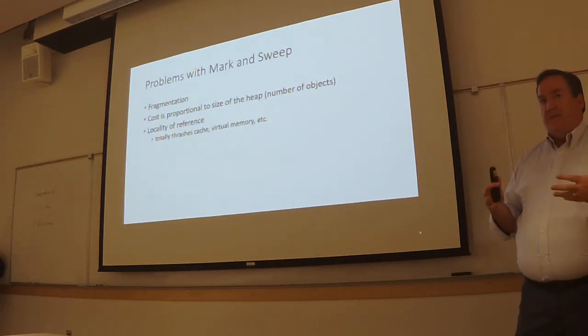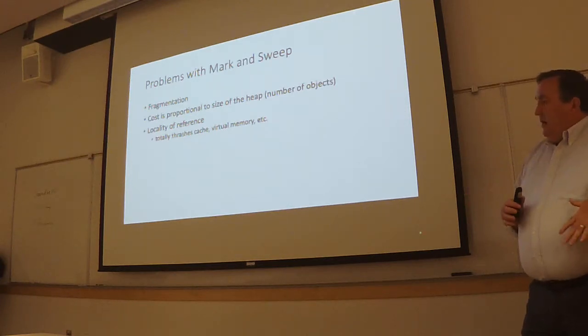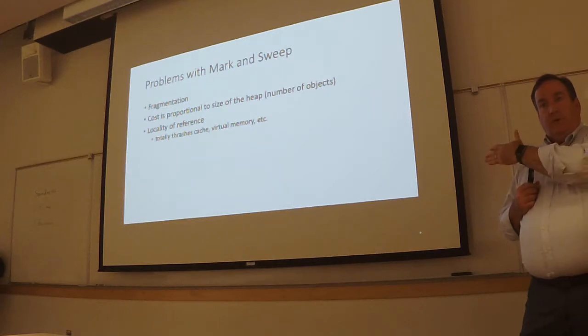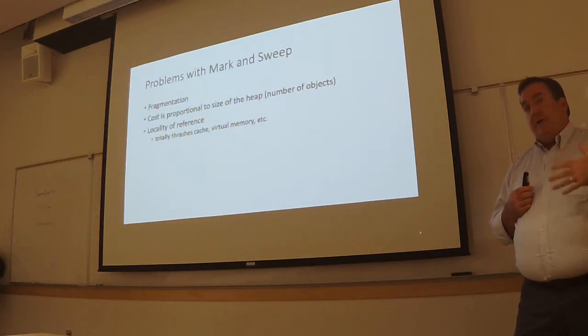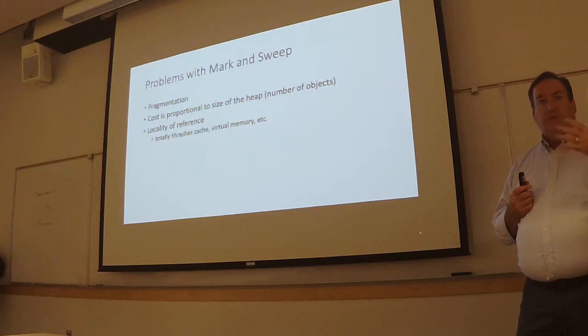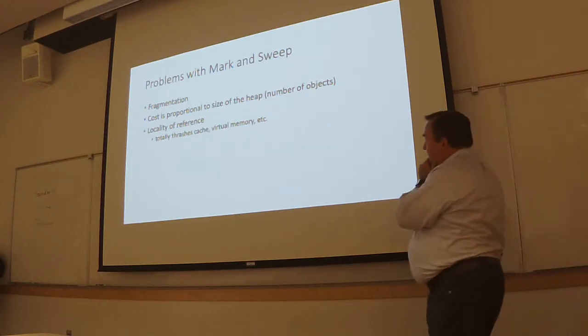You have to visit everything that's been allocated, whether it's still in use or not. That also means you're going through your memory, touching everything, which destroys your memory caches and can trigger a whole bunch of virtual memory paging. So these are all potential issues with mark and sweep.